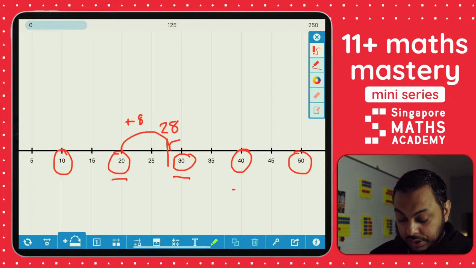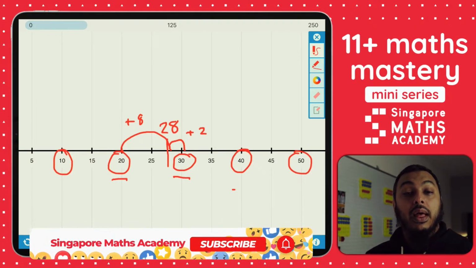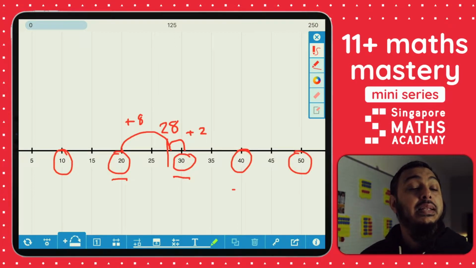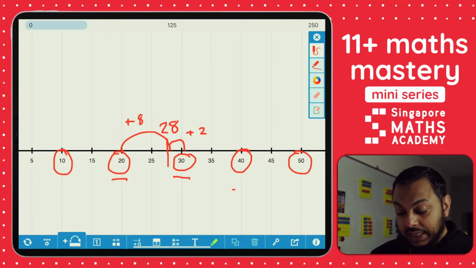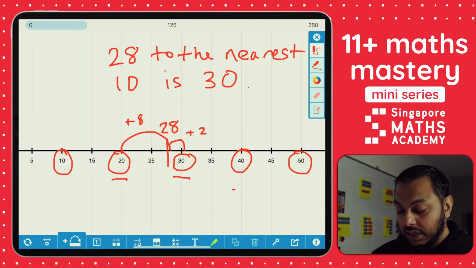But from 28 to 30, I only need to add 2. That must mean 30 is the nearest 10 for 28. And so 28 to the nearest 10 is actually 30. So we can write that down: 28 to the nearest 10 is 30.